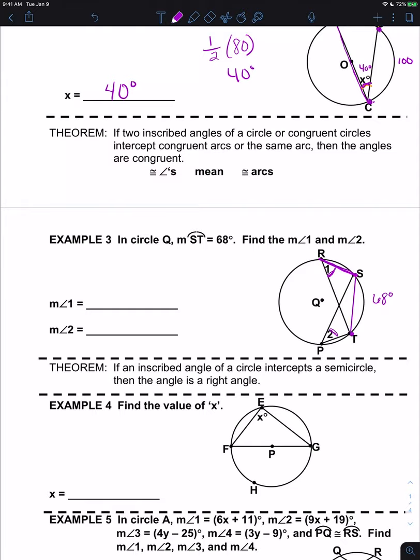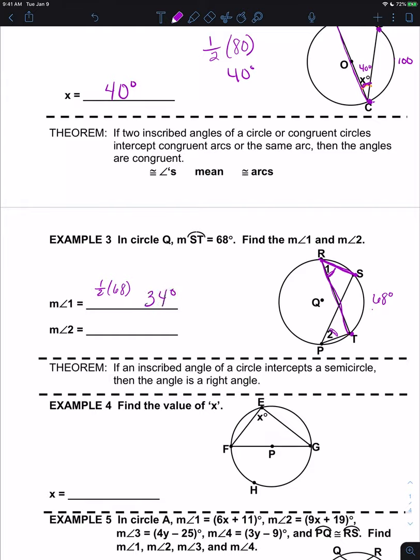You see that angle 1 creates the arc angle of 68 degrees. If S to T is 68, then angle 1 has to be 1/2 of 68, which is 34.